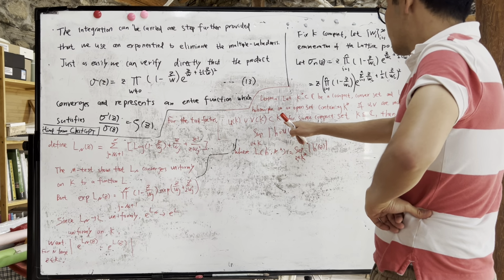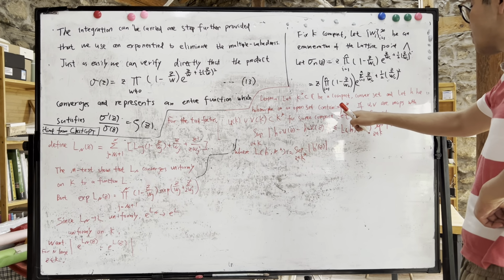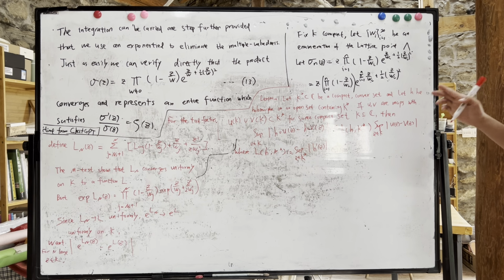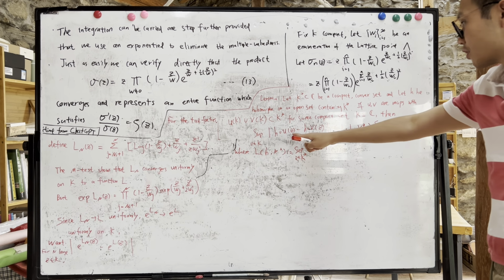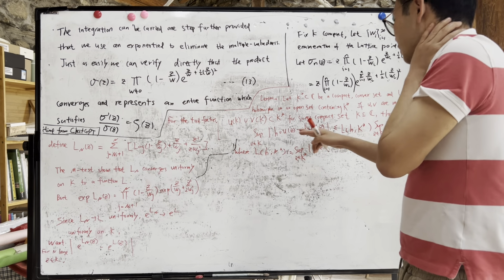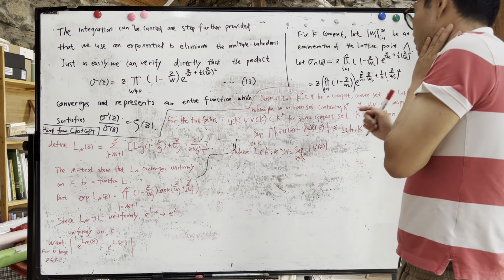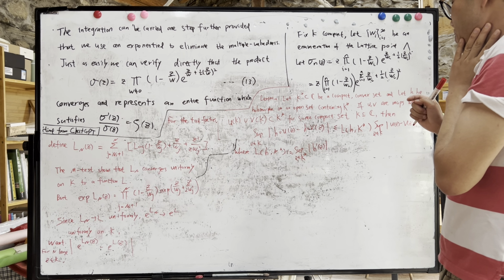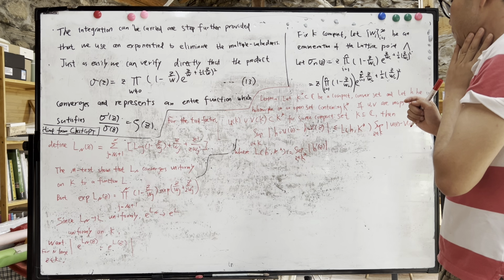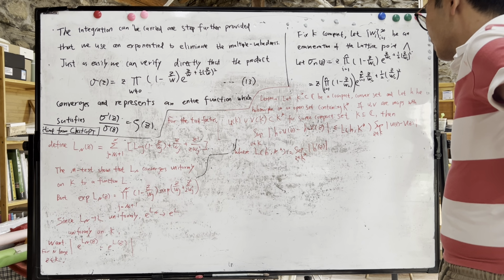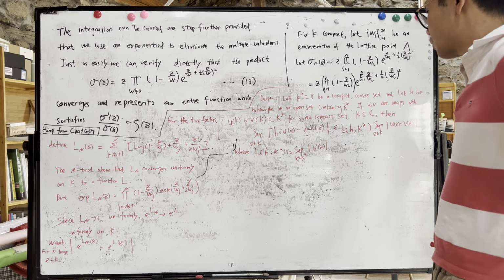And also this K star is a convex set, so you can take the line adjoining U z and V z. Then you use the fundamental theorem of line integrals.